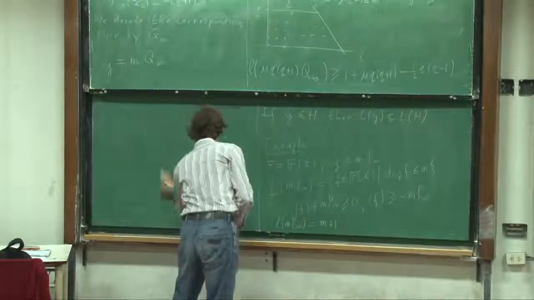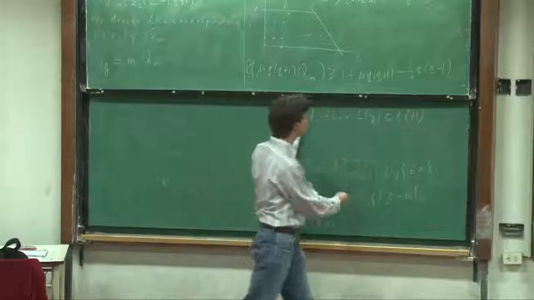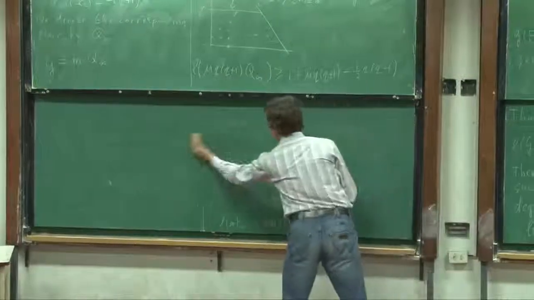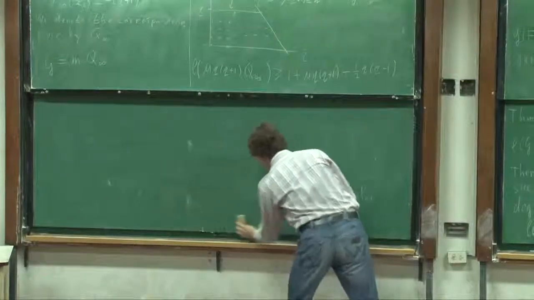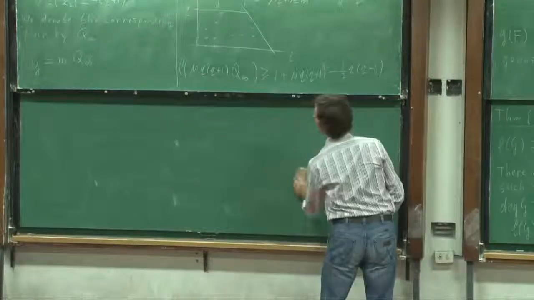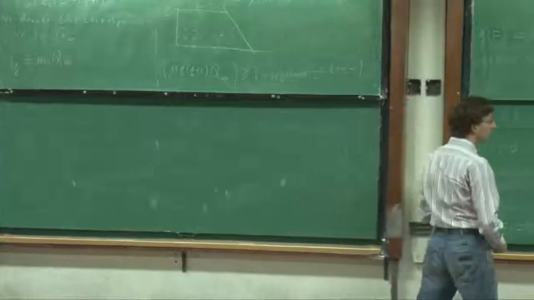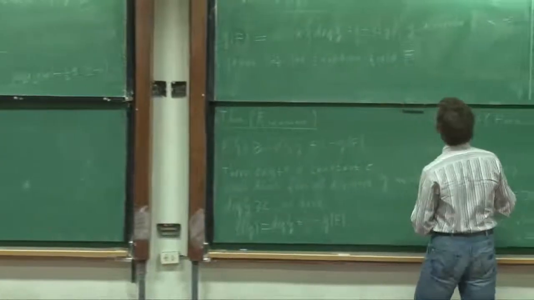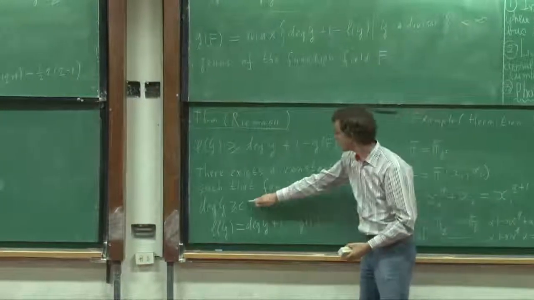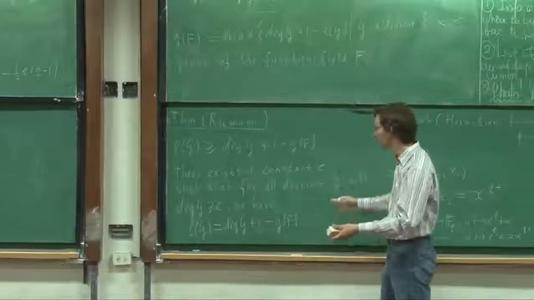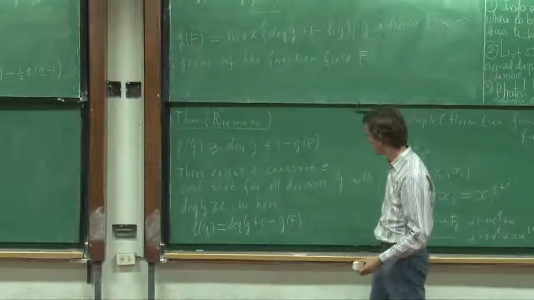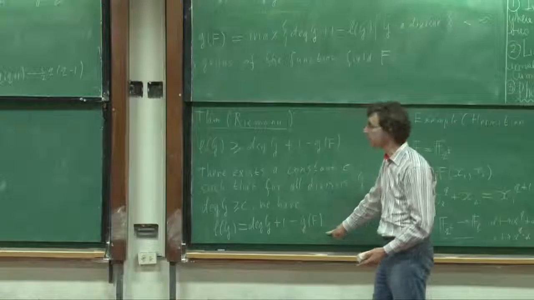But that implies, from the definition, from Riemann's theorem, an upper bound for the genus. So the argument is like this. If we choose mu large enough, the degree of this divisor will be larger than this c. We don't know what it is, but we just choose mu large enough. So then equality holds.